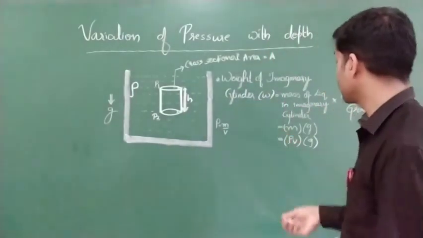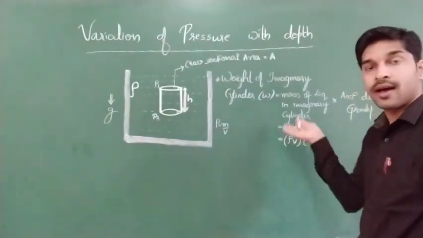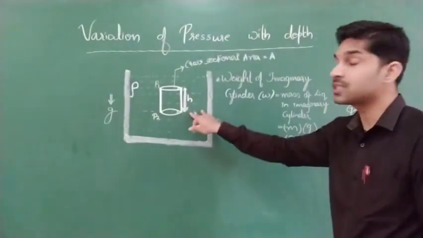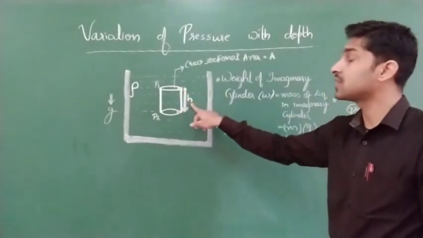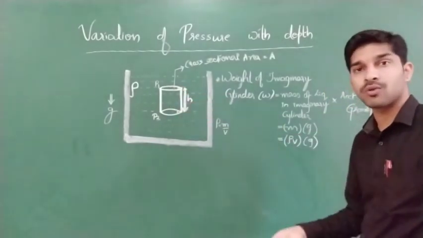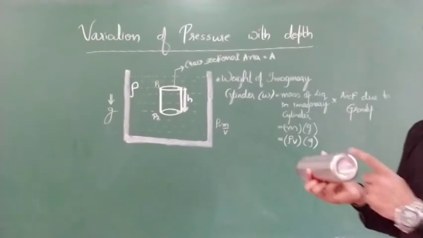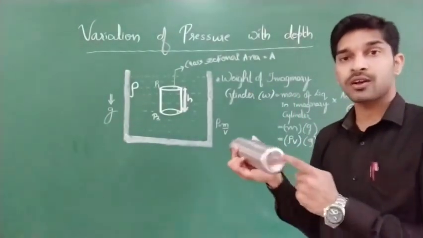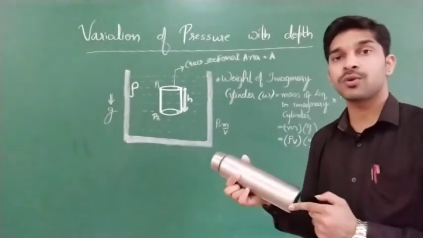Now what I am telling is, this volume we should change in terms of cross sectional area and height of the cylinder. So if you know cross sectional area A and height of the cylinder, what will be the total volume? Imagine this is a perfect cylinder. The cross sectional area is A, and the length of the cylinder is L. What will be the total volume?